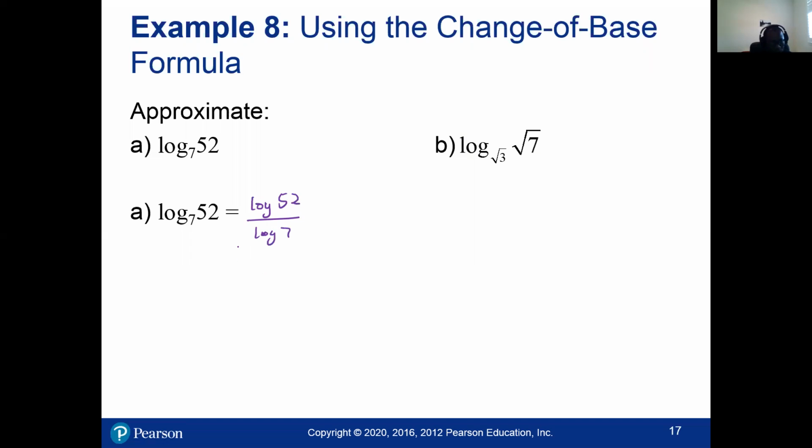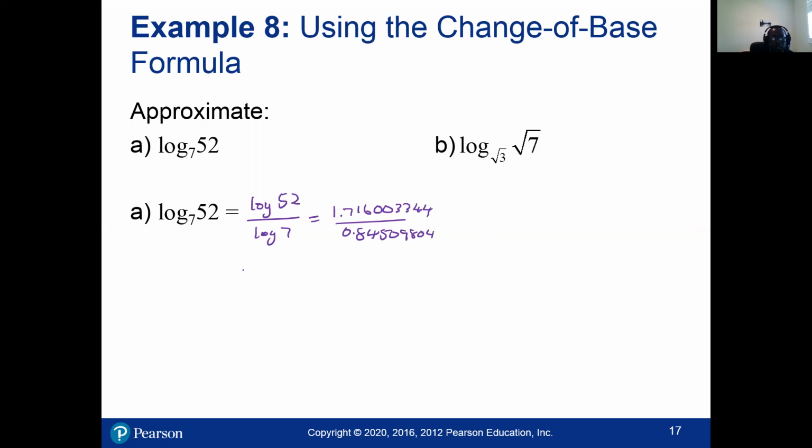Now you use your calculator and you have log 52. This gives me 1.716003344 divided by log 7, which is 0.84509804.